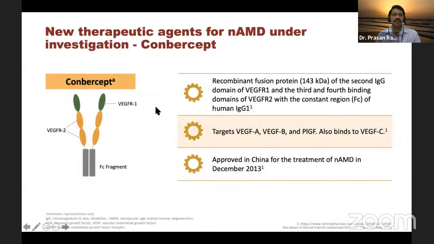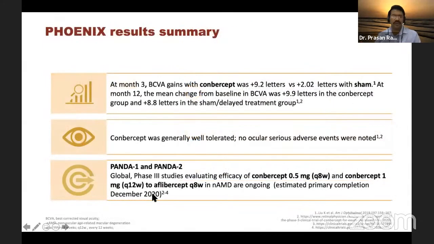Next, we look at conbercept. Conbercept is a recombinant fusion protein which binds to VEGF receptor 1 and 2. It is similar to the aflibercept molecule with an additional binding ligand, and it targets VEGF-A, VEGF-B, placental growth factor, and binds to VEGF-C as well. This is approved in China for the treatment of neovascular AMD since December 2013.